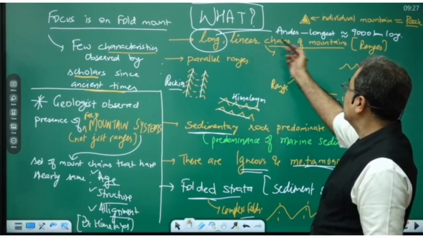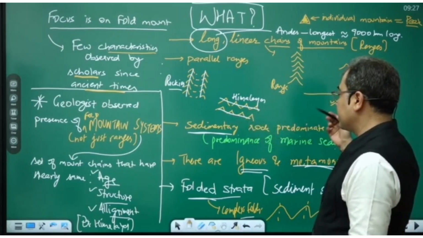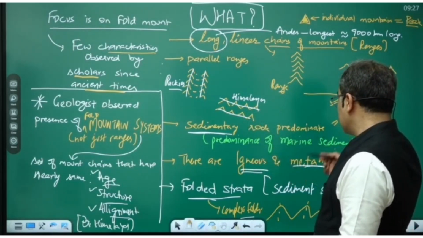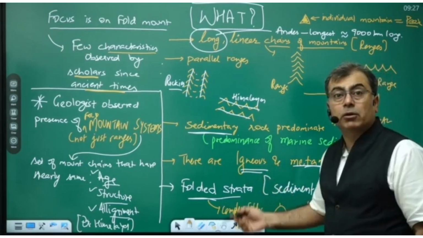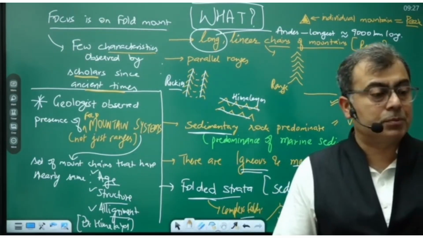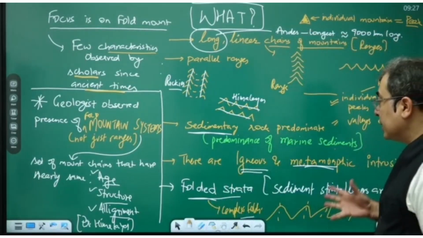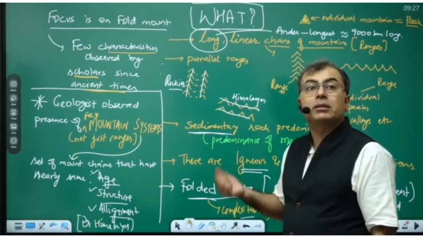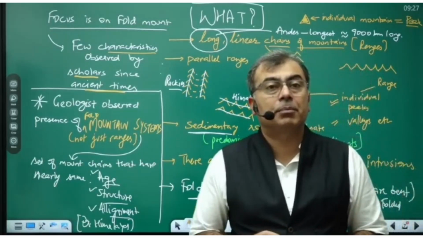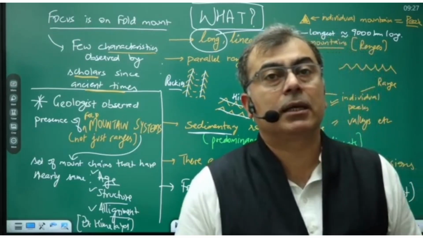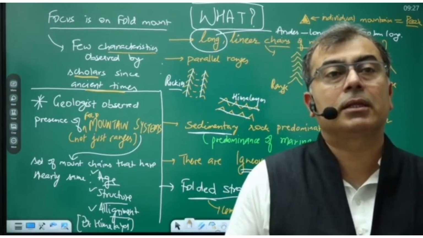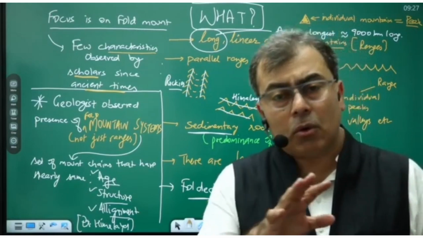They are long, linear. They are made up of sediments. They have igneous also, metamorphic also. They are folded also. So these are some things they are observing. Some things they are observing, but they really did not know how to explain that. Sir, Hanumanji had kept it in Himachal, called Jakhu Mandir. Perfectly okay. So all those things are there.